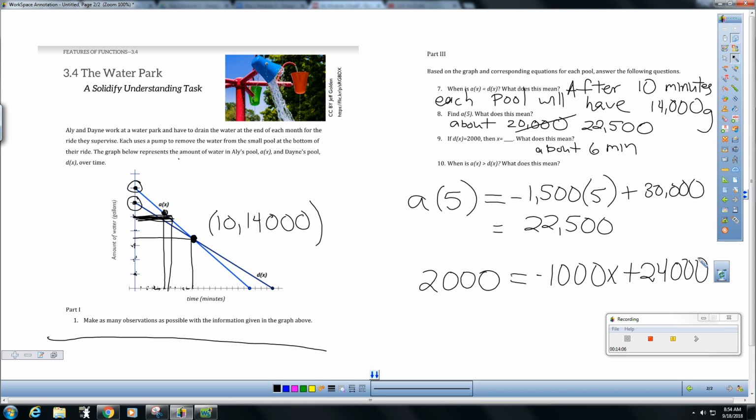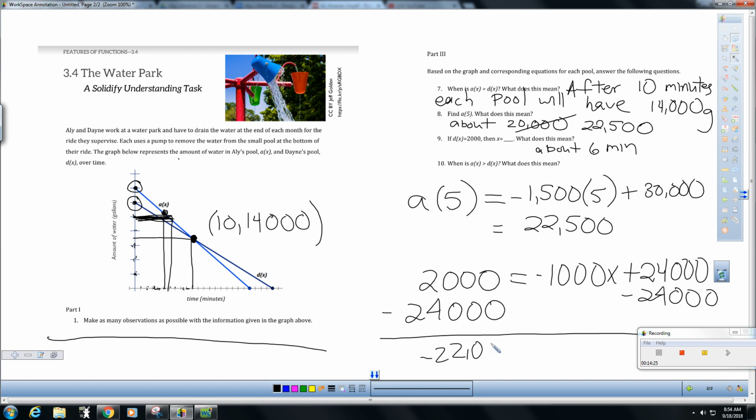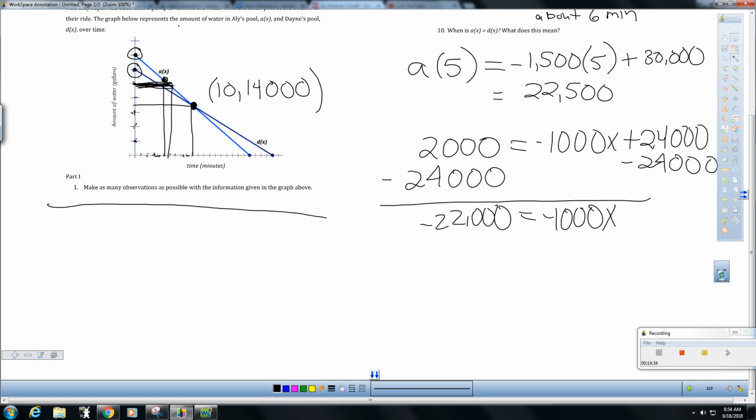We've got to solve that. So subtract 24,000 from both sides. And you get negative 22,000 equals negative 1,000x. Divide each side by negative 1,000, and you get x equals 22.